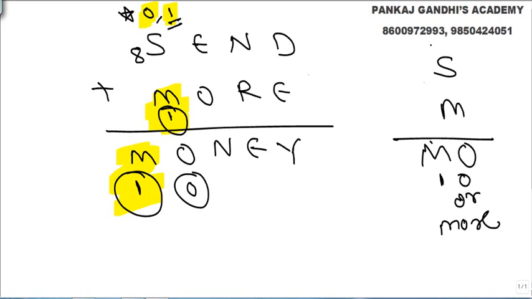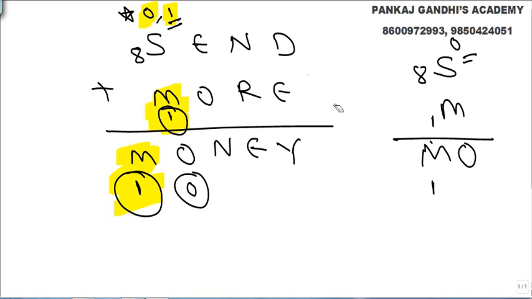But if carry forward is 0, can S be 8? If carry forward is 0, 0 plus 8 plus 1, it will become 9. We need minimum 10 because M is 1.